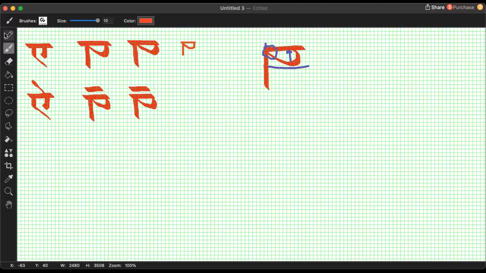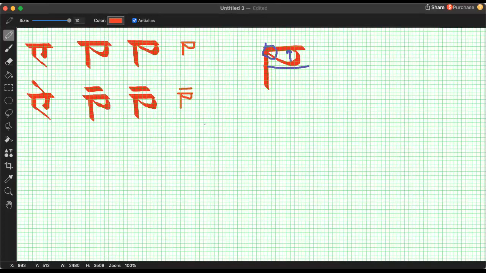How does this look like if you're writing with a normal pen? The ballpoint pen, if you're writing, it looks like this. This is I.